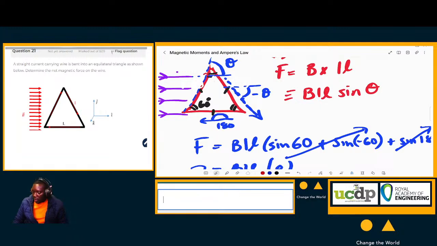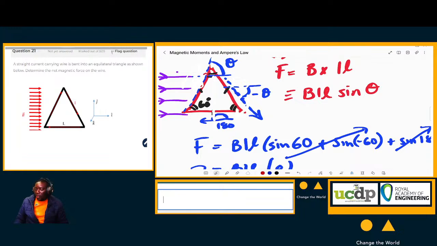So overall, if we were to fix this triangular loop from its center along the z-axis, it will rotate, with the forces giving a torque like that. One goes into the plane, one out of the plane, and we have a torque due to the two forces acting in opposite directions.